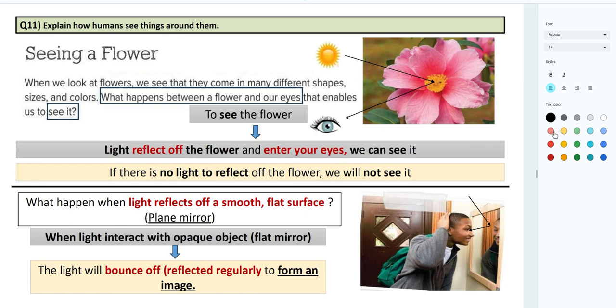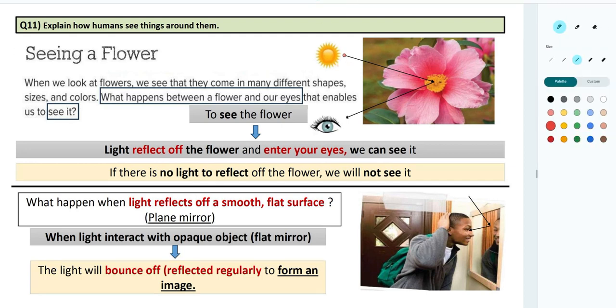So this is what the picture is showing. Light comes from the light source and is reflected off of the flower. So to see the flower, light reflects off the flower and enters your eye. That's how we can see it. If there is no light to reflect off the flower, we cannot see it.